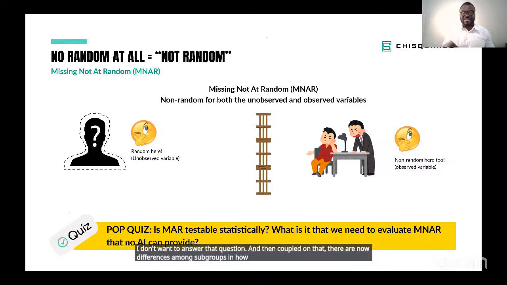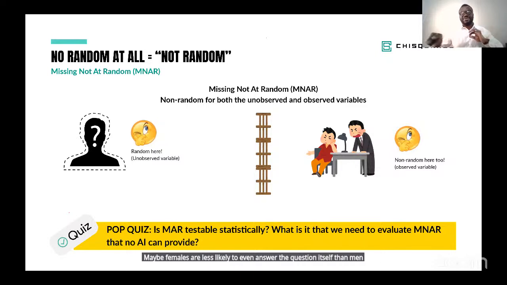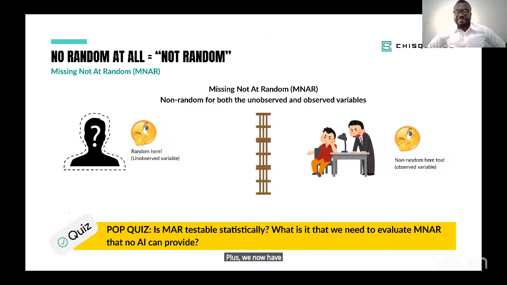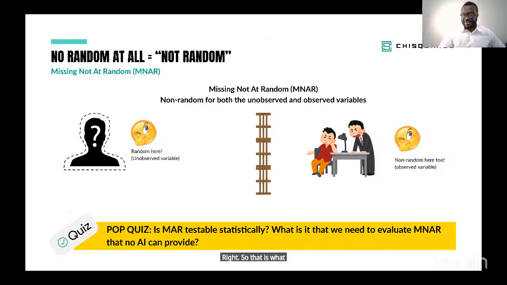Maybe females are less likely to answer the question than men, or there are subgroup differences showing differential response patterns. The question itself is already sus and already triggering people, plus we now have differential patterns in how people respond to it, right? That is what we call missing not at random.